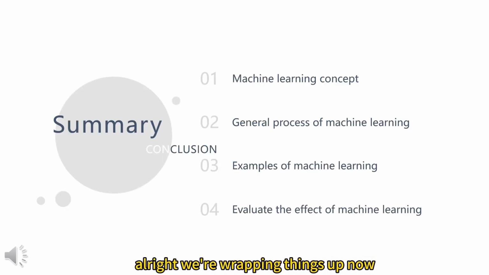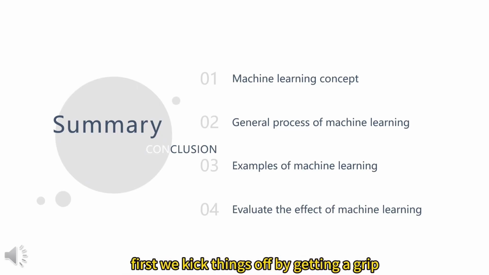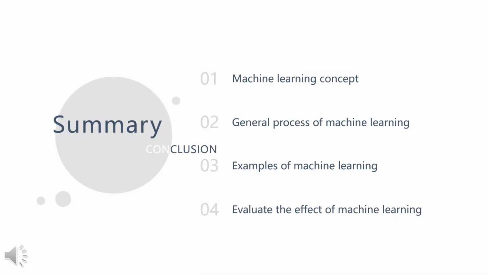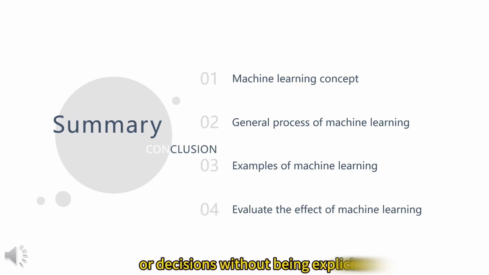Alright, we're wrapping things up now. Let's recap what we covered. First, we kicked things off by getting a grip on what machine learning is all about. We dove into concepts on understanding how machines are trained to learn patterns and make predictions or decisions without being explicitly programmed to do so.